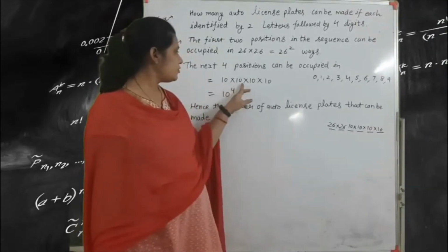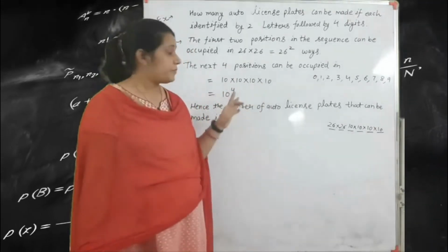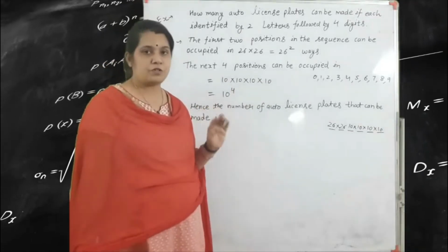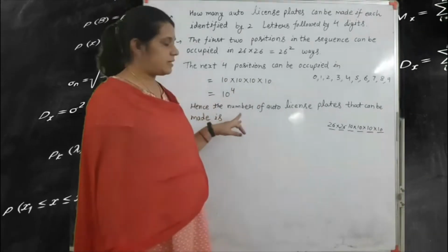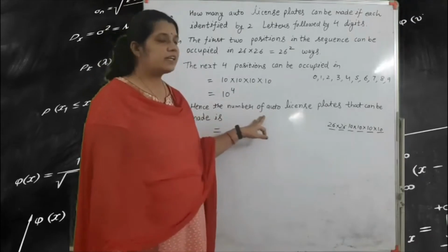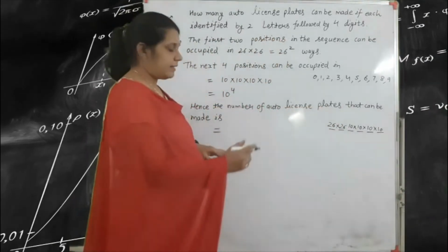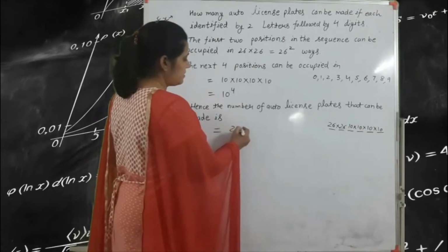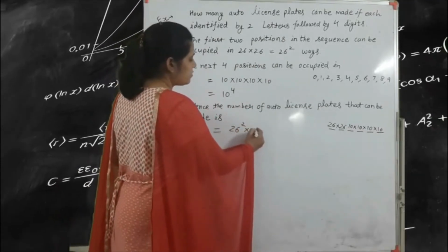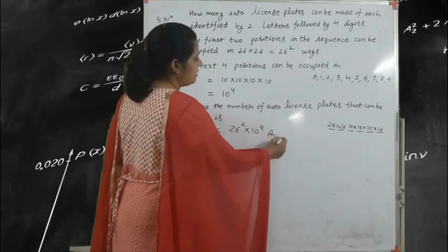So 10 into 10 into 10 into 10, which is 10 raised to the power 4. So our answer is that the number of auto license plates that can be made is 26 squared into 10 raised to the power 4. This is our final answer.